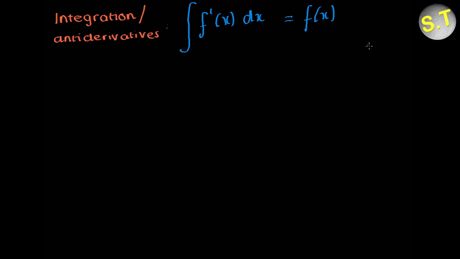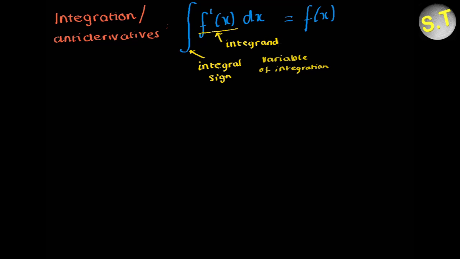of x. So this symbol here is called the integral sign, and the subject of integration can be referred to as the integrand. And the dx part is our variable of integration, so what we are integrating with respect to.